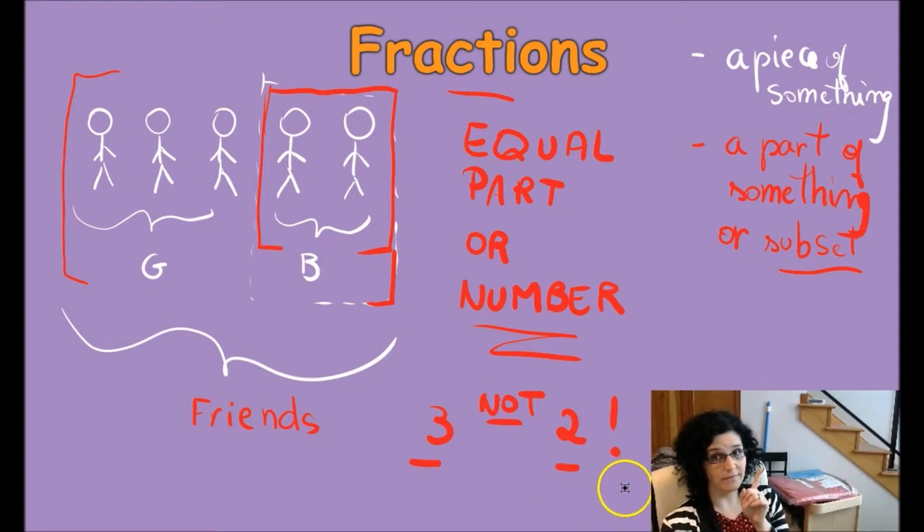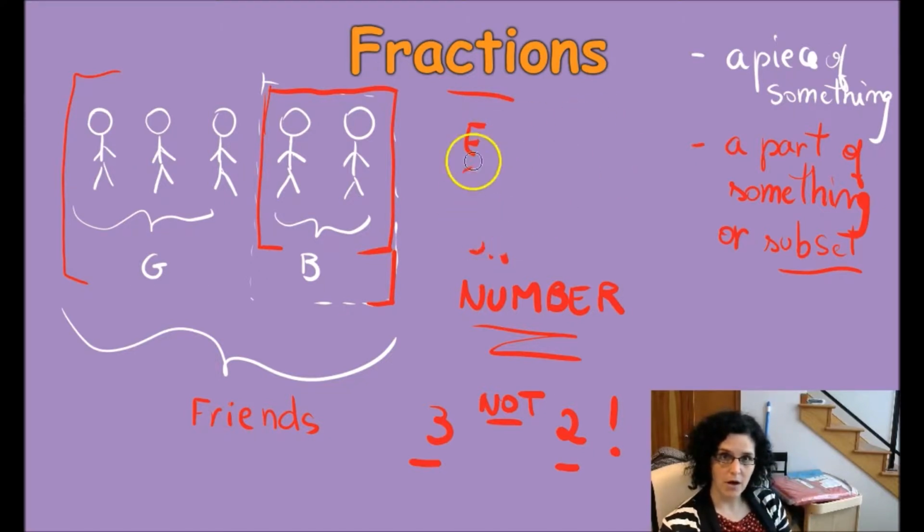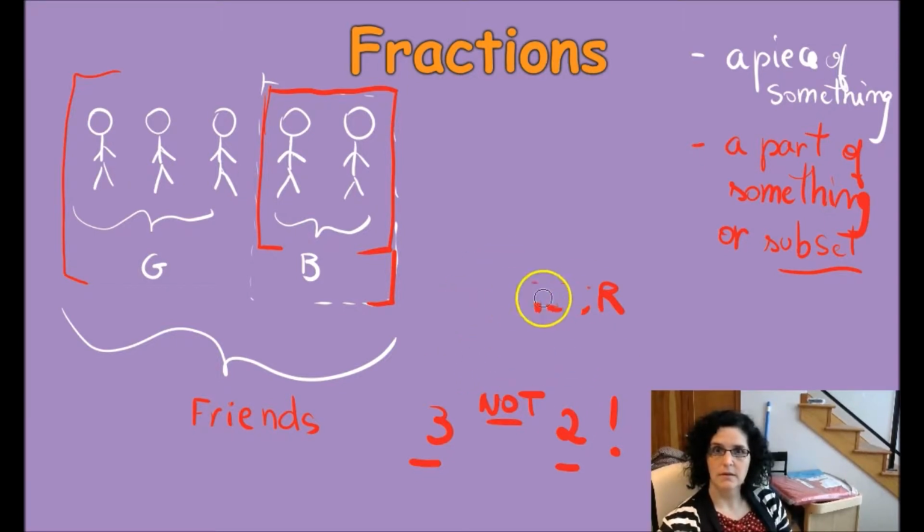Yes, however, wait for it. How can I say that a fraction is an equal part or an equal number of something? This is going to make more sense in a second.